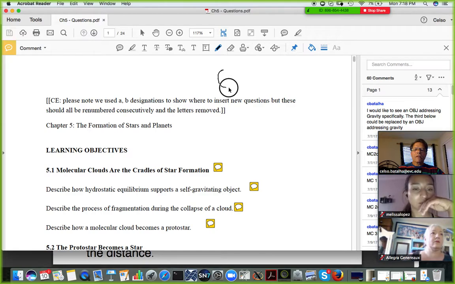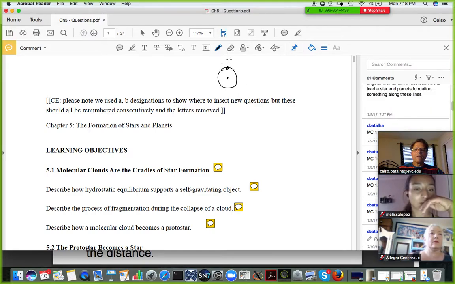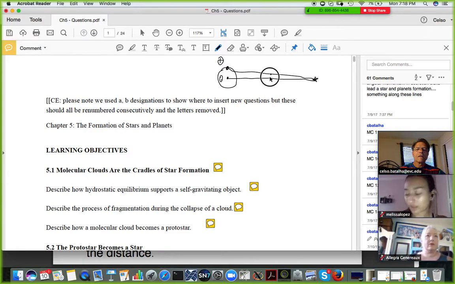So basically, here's Earth, Sun, so Earth right here, Sun right there, and there is a star somewhere here. Because we know the apparent motion of the star in the sky, which we call parallax, which is half of this angle here.